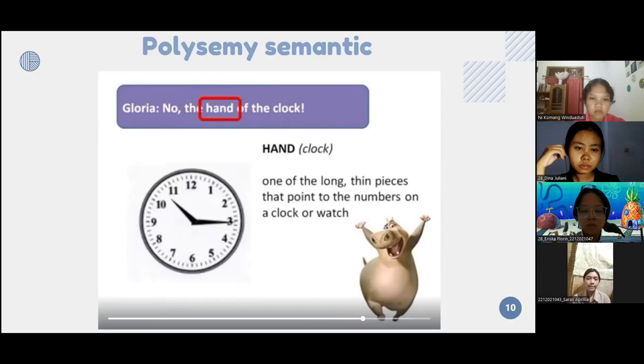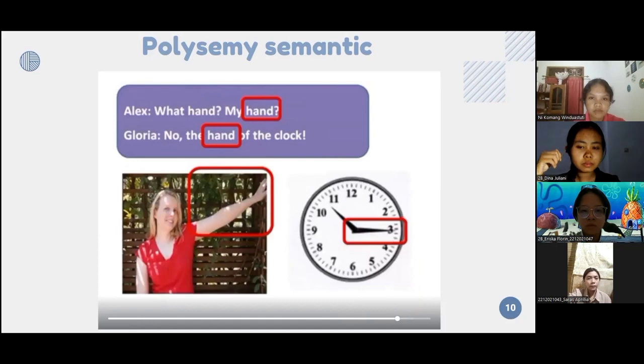What I was referring to was the long thin pieces that points to the numbers of a clock or a watch. Yeah, this is what I was referring to, Alex. So you can see the word hand has two meanings here. Now, one refers to the part which we may use to point, and the other will refer to the pieces of a clock which is used to point to the time.